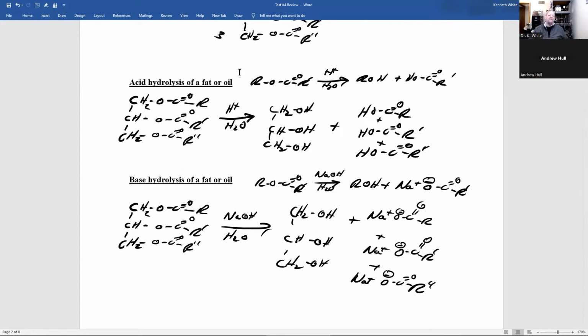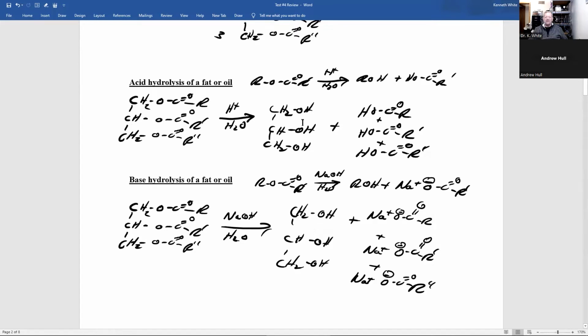If I take an ester and react with acid and water, acid hydrolysis of an ester, you get back the alcohol and the carboxylic acid you would have used to make that ester. Well, if you look at this triglyceride, 3 esters, this ester gives this alcohol plus this carboxylic acid.